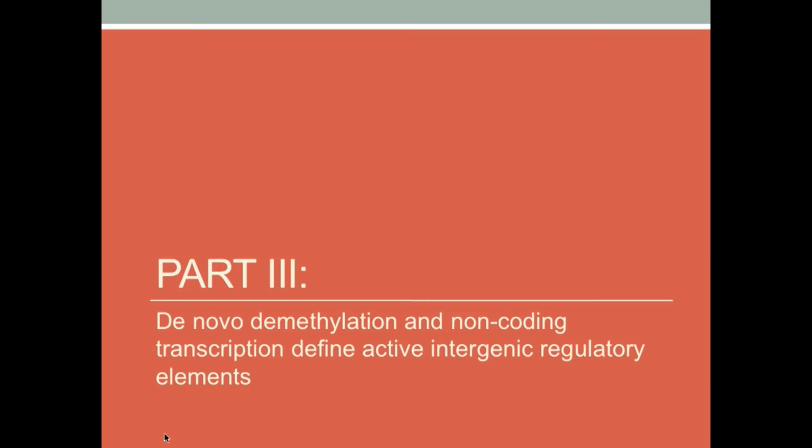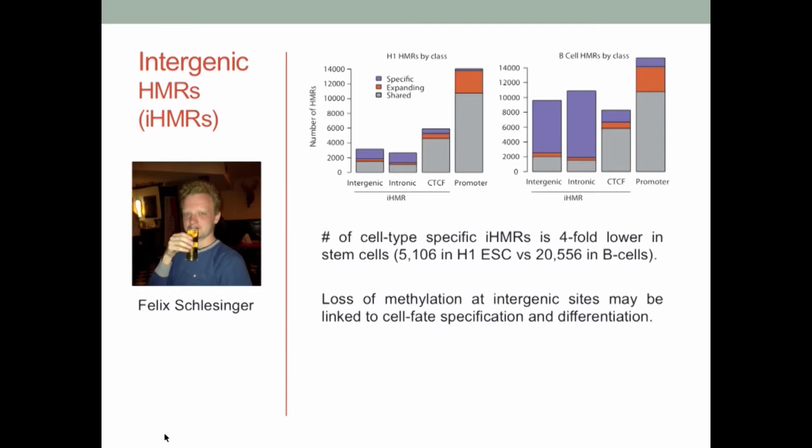So the title very well encapsulates what I'm going to be talking about: de novo demethylation and non-coding transcription at these intergenic HMRs that I described in depth earlier. I'll be going into a lot more detail about this. All the work that I'm going to describe has been a collaborative effort with a graduate student, Felix Schlesinger, who was a graduate student in Tom Gingeras' lab here at Cold Spring Harbor.